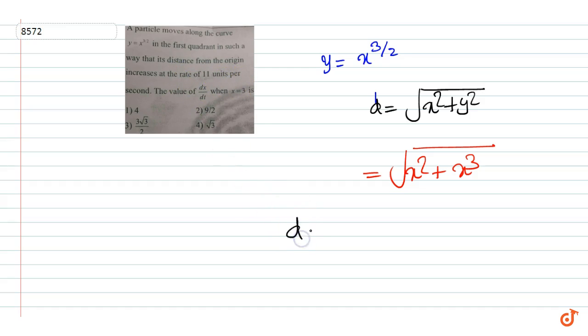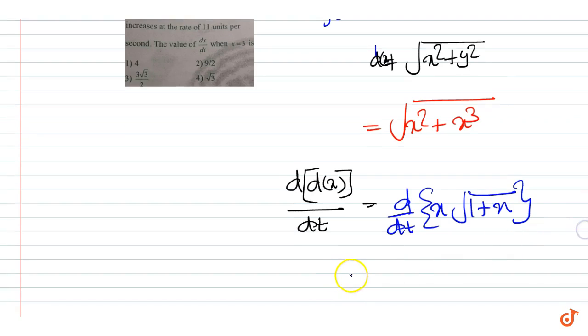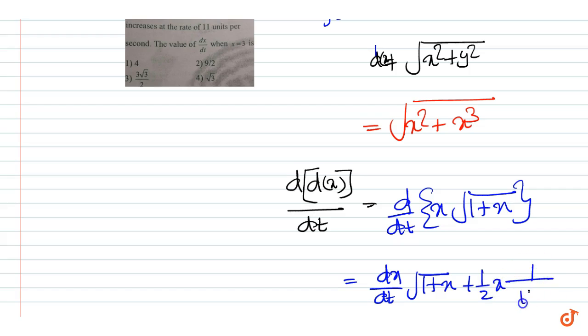That is, d of d, let it be dx, d of dx upon dt is equal to, differentiating this expression we get, d by dt of x into square root of 1 plus x, which is equal to dx upon dt times square root of 1 plus x, plus half x into 1 upon square root of 1 plus x.